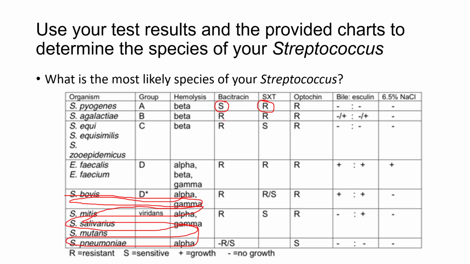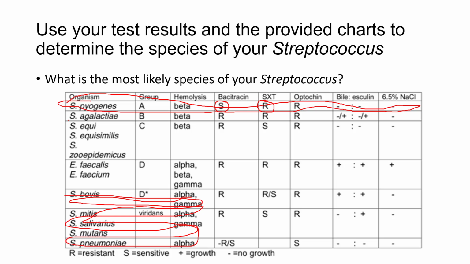So really based on that, and some of these other results, the combination of results that matches what's presented in this PowerPoint would be this. So Streptococcus pyogenes would be your best conclusion because it matches.